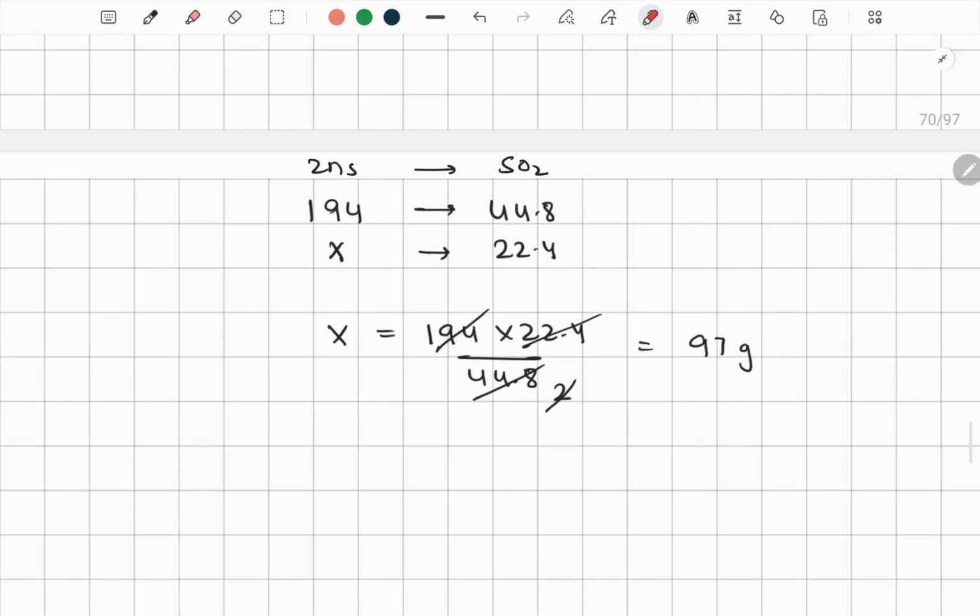So we used the unitary method: if 194 gram is liberating 44.8 liters of SO2, then X gram would be required to liberate 22.4 liters of SO2. By the unitary method, we got the answer: 97 gram of zinc sulfide would be required to liberate 22.4 liters of SO2.